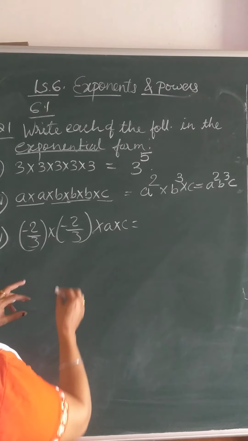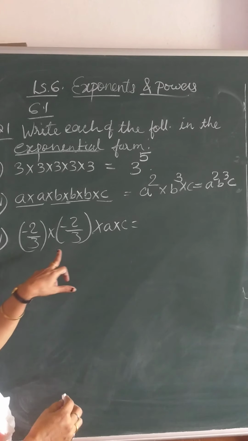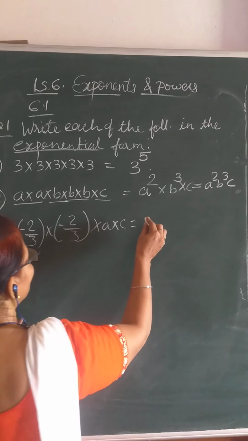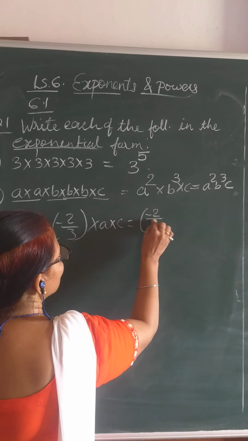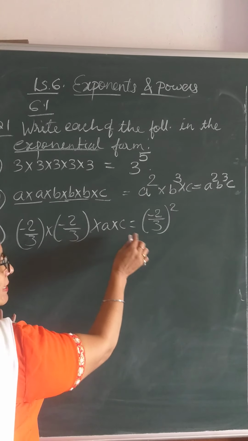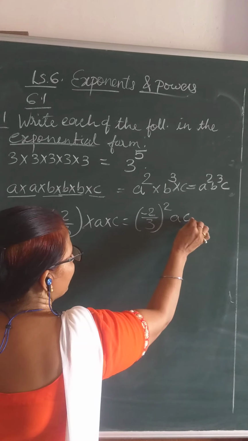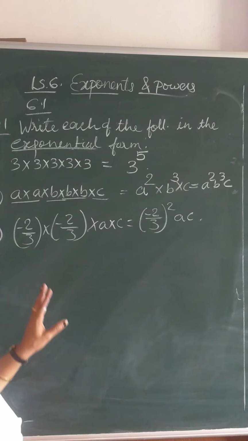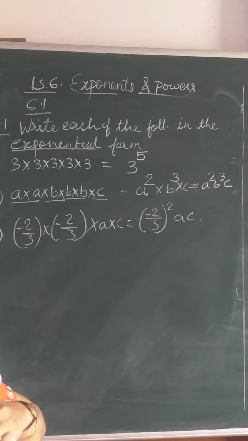Now let's see this example. Minus 2 by 3, minus 2 by 3, how many times? 2 times. So write down minus 2 by 3 squared. A is 1 time and C also 1 time. So A C. Okay. So in this way you can complete your first question.